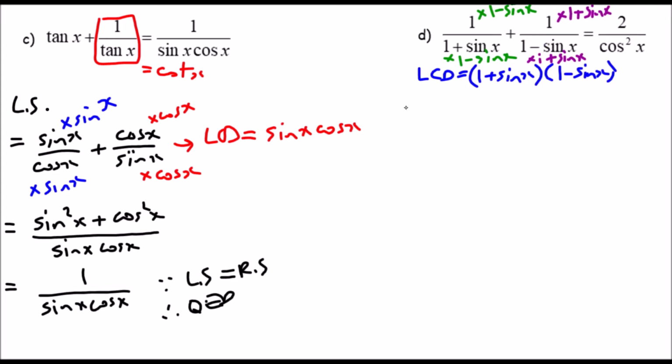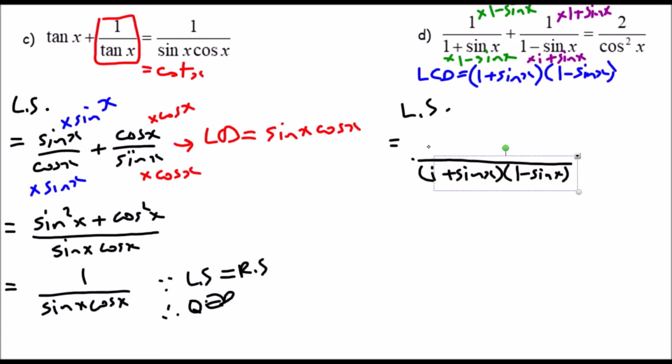So again, tackling the left side, I'm going to have this all over the same denominator, so 1 plus sine x, 1 minus sine x. On the top I'm going to have 1 minus sine x plus 1 plus sine x.